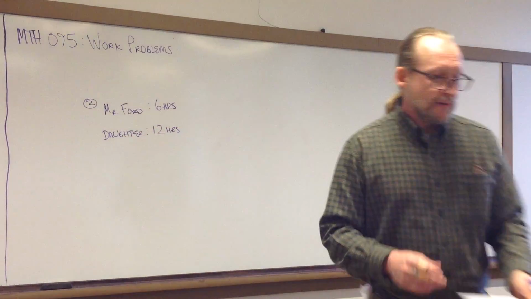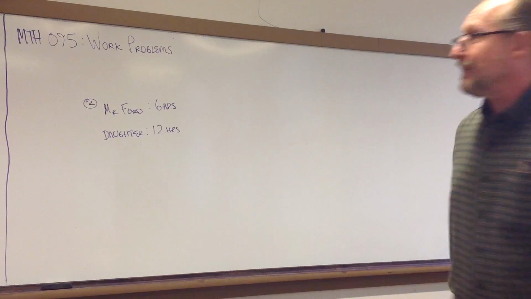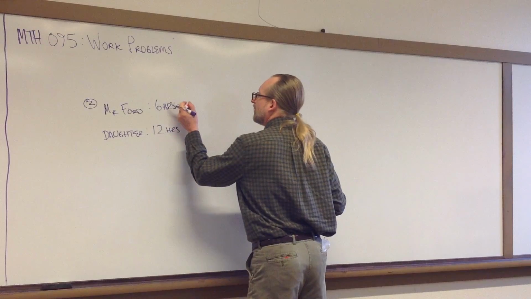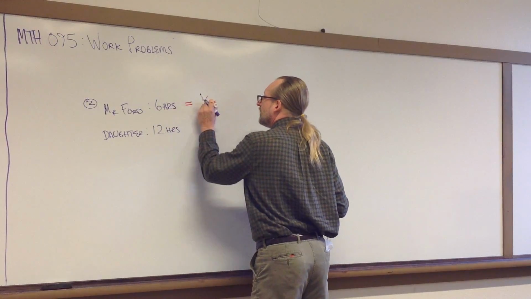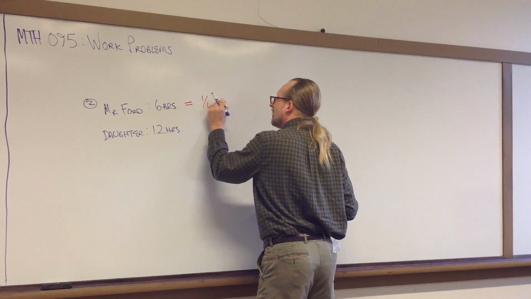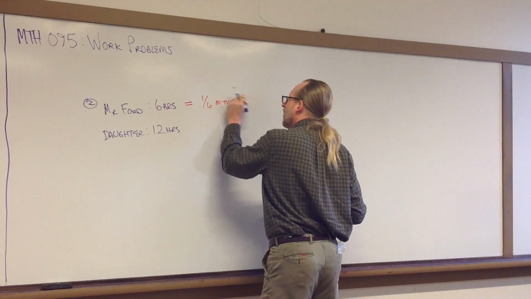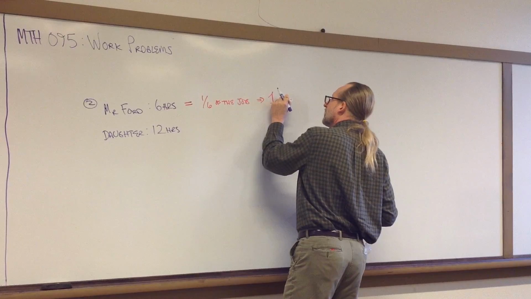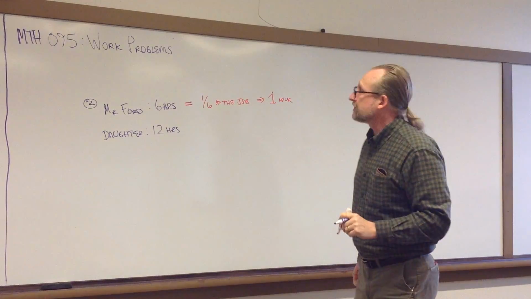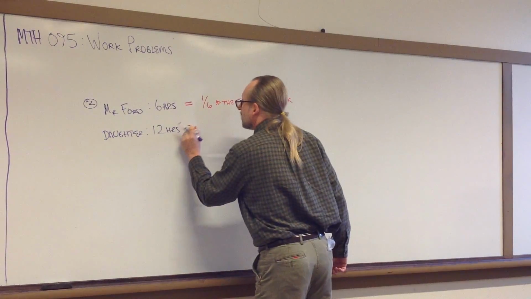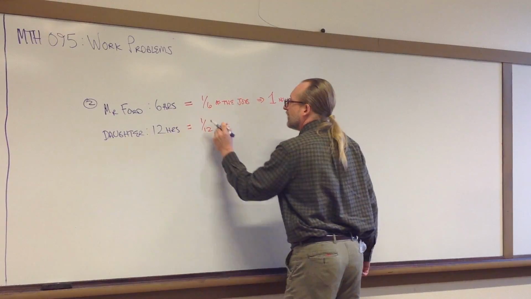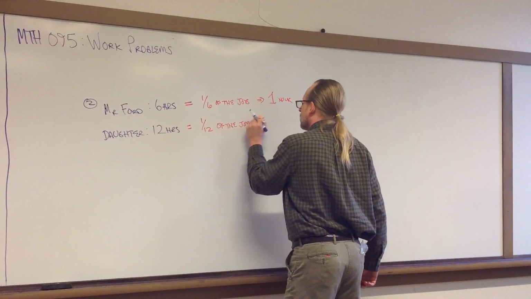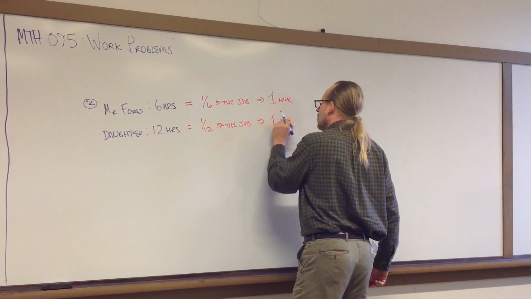The idea behind these problems is that Mr. Ford is going to get 1/6 of the job done per hour. His daughter is going to do 1/12 of the job per hour.